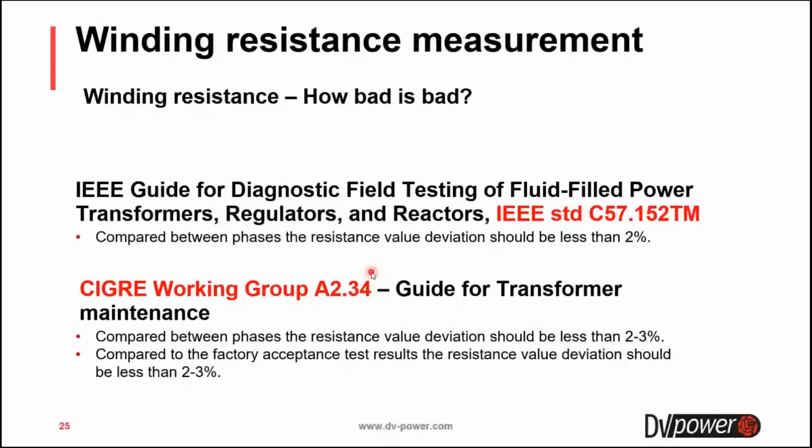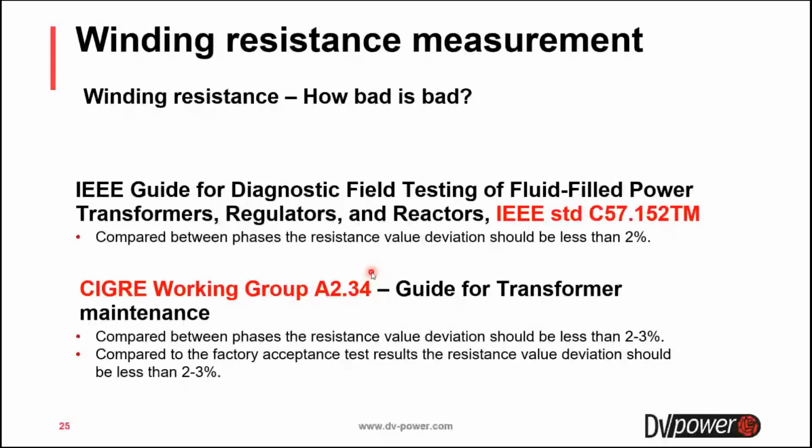In this slide we show you some recommendations and some standards that tell us that when we finish measurement, we can compare phase resistance and the deviation should be less than 2% by IEEE, while CIGRE is telling us that the comparison between phase resistance value deviation should be less than 2 or 3%.